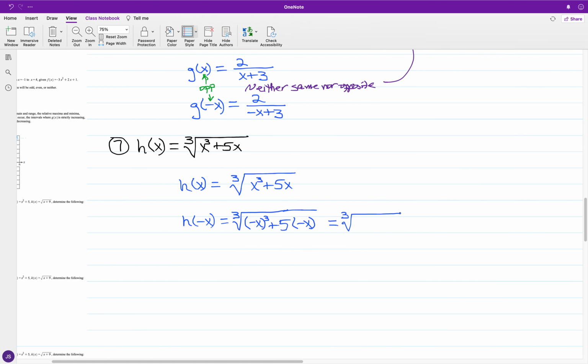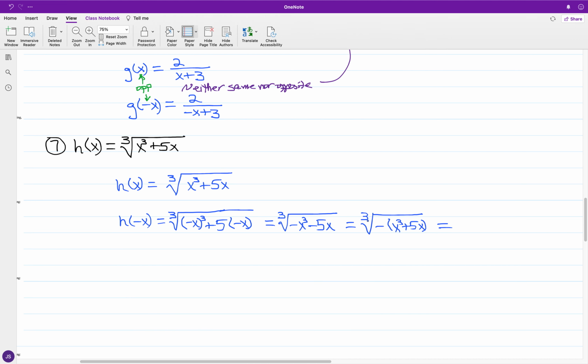Right now we'll have the cubic root. I got -x cubed minus 5x. And if I factor out the negative, you have the cubic root of the negative of x cubed plus 5x. And what's going to happen here is you got the cubic root of -1 times the cubic root of x cubed plus 5x.